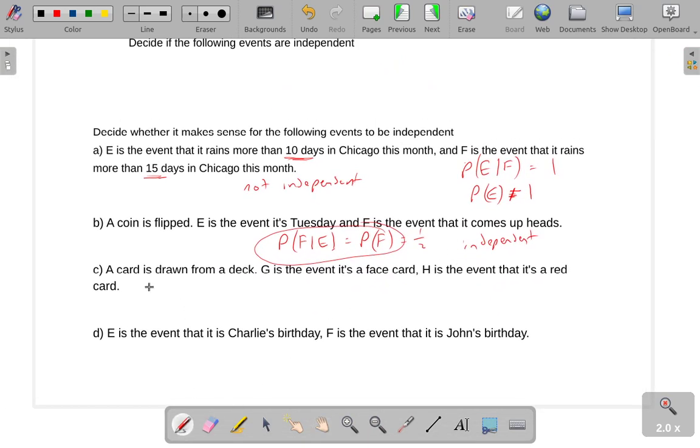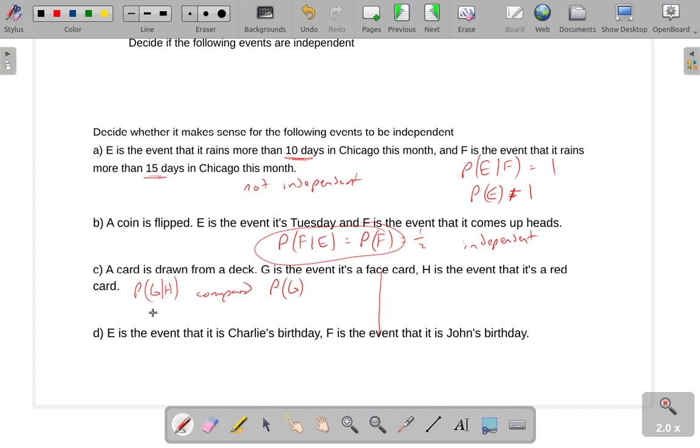So let's look at G given H compared to the probability of G. That's one way of looking at it, and then I'll do another way over here. What is the probability that it is a face card given that it's a red card?